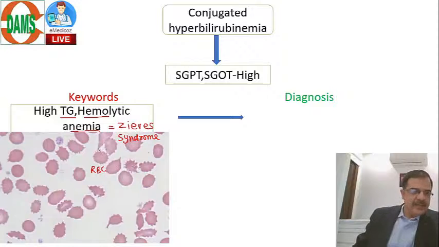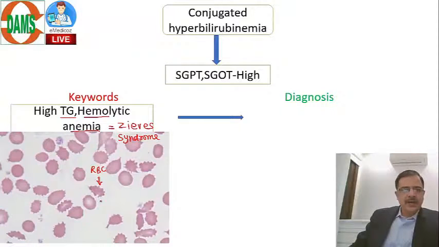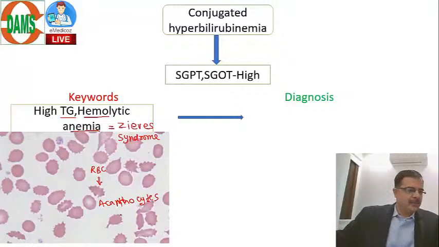You can see on the RBC surface irregular spikes, and these are known as acanthocytes.